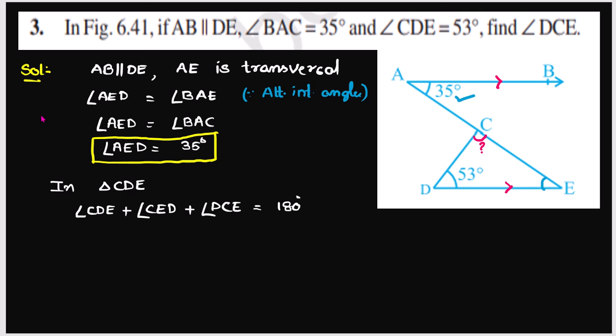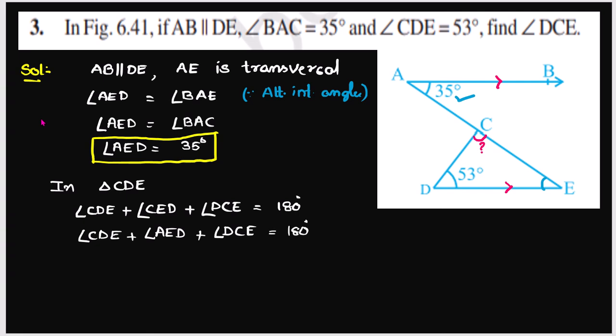That you have to keep in mind. Therefore, angle CDE I am writing as it is, whereas angle CED is nothing but angle AED, which I am writing here, because both denote the same angle. Next, plus angle DCE I am writing the same. That is the angle which we are going to find, equals 180 degrees.